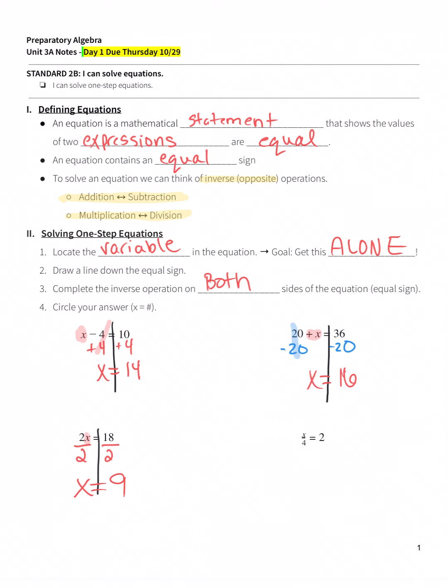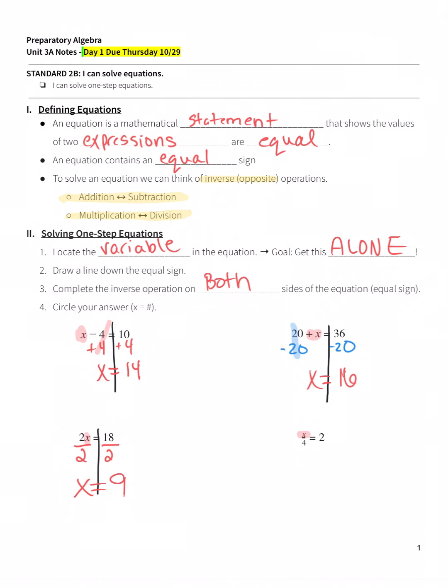Okay, let's look at this next one. We have x divided by 4 is equal to 2. Remember, in algebra, division is always going to be written as a fraction. So when we see this fraction, we read it from top to bottom. X is divided by 4. My first step is to locate my variable.